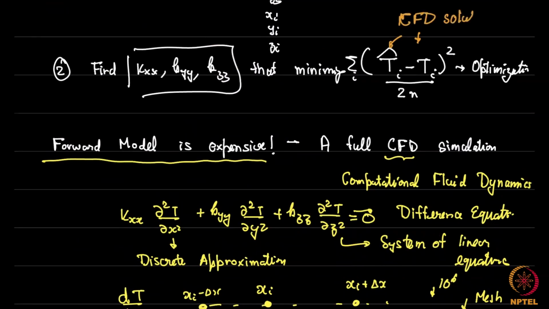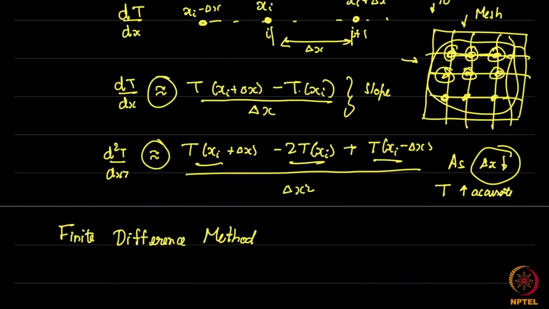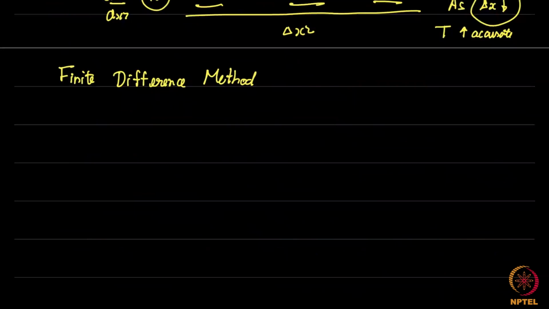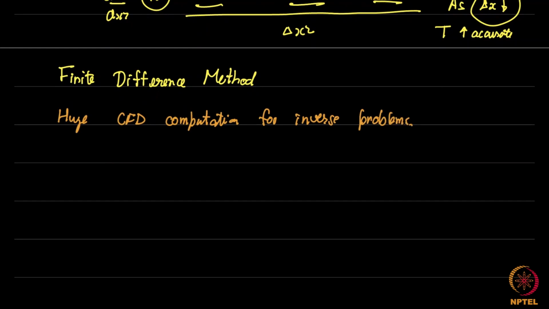Since this is expensive, you cannot really use this to solve for KXX, KYY, KZZ. Because you have multiple iterations, it takes a huge number of CFD simulations for an inverse problem. So, huge CFD computation for inverse problems. If time permits, I'll show you an example of this next week. I'm not sure if there will be sufficient time for that.